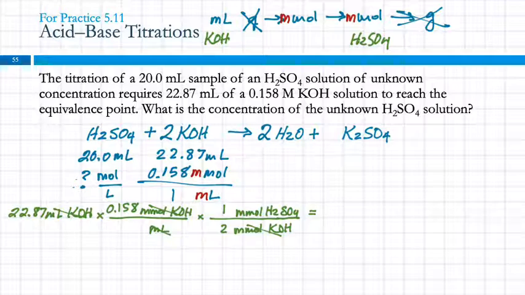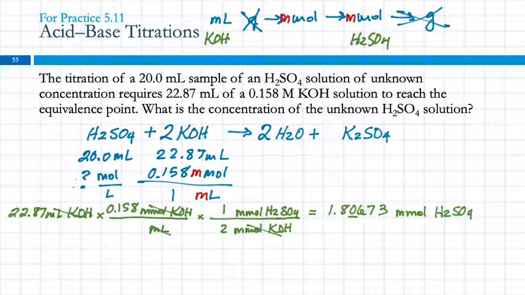That's not my calculator. So I've got 22.87 times 0.158 divided by 2. 1.80673 millimoles of H2SO4.